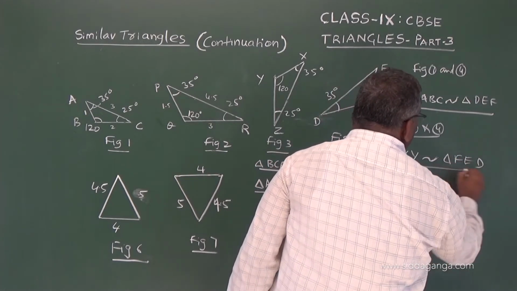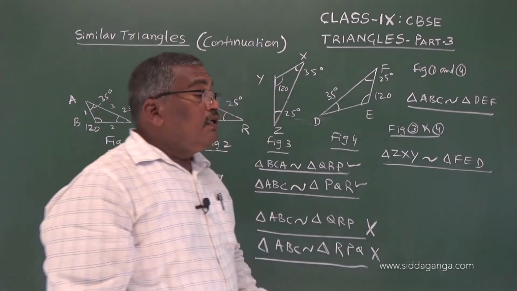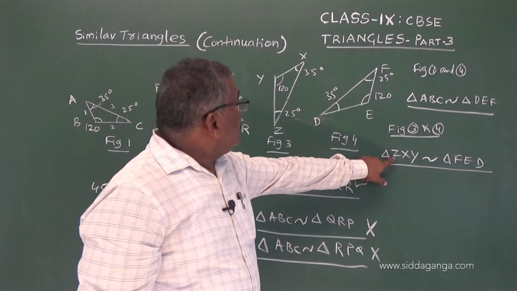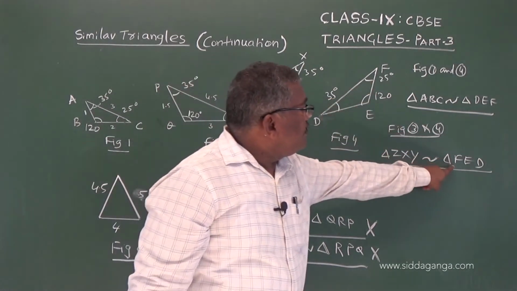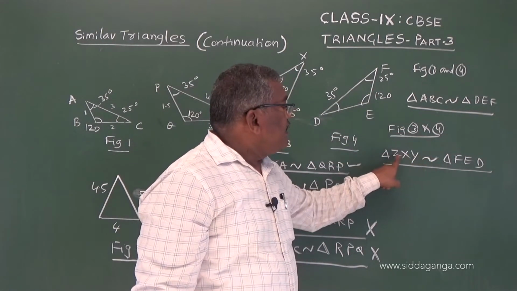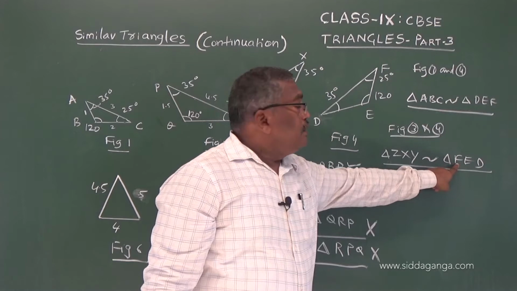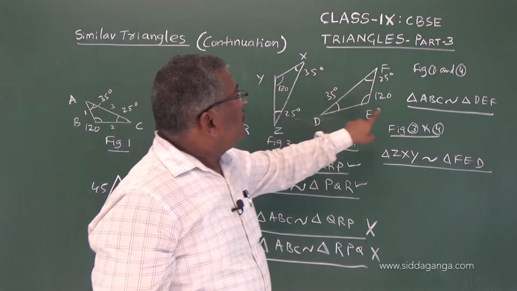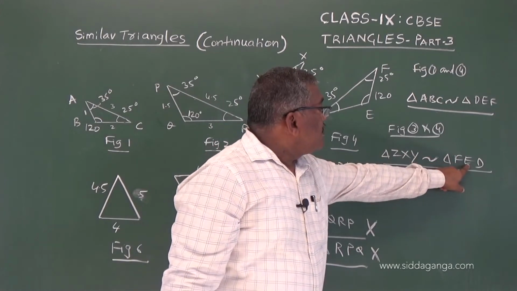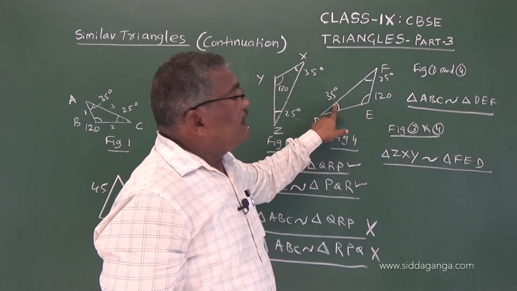This is the correct way of writing, because you observe here angle Z is 25 degrees, angle F is 25 degrees. First letter here, first letter here. Second letter X, X is 35 degrees. The second letter in this triangle is E, that is 35 degrees.